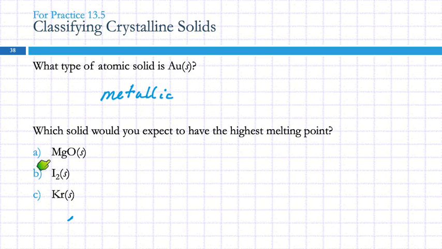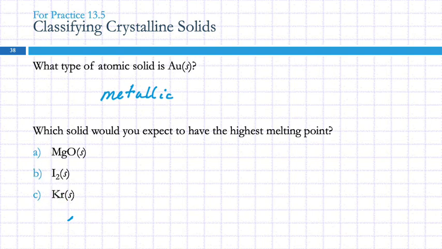It should be really strong, high melting point. What's the unit here? Are those atoms? Ions? That's a molecule, right? What's going to hold the molecules together? Dispersion forces, because this one's nonpolar. Dispersion forces are pretty weak, especially compared to ionic bonds.